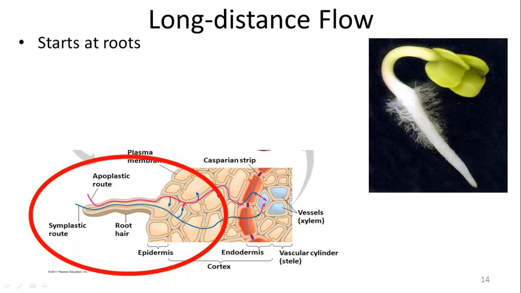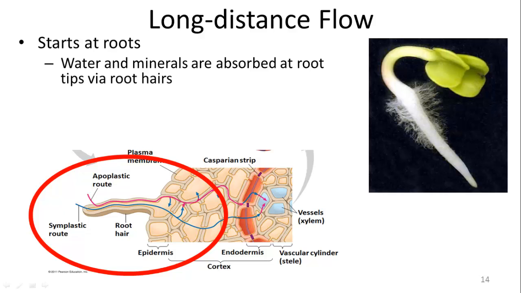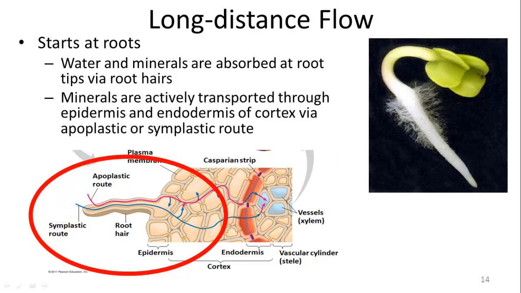All right, so first we're going to talk about how water and minerals flow, which starts at the roots. First, water and minerals are absorbed at the tips via root hairs, and then transported through the cells, either through the apoplastic or symplastic route. This is transport from the root hair through the cortex, or the outer part.